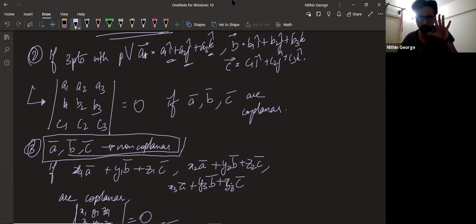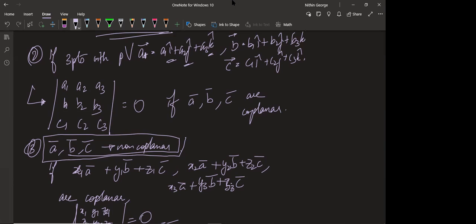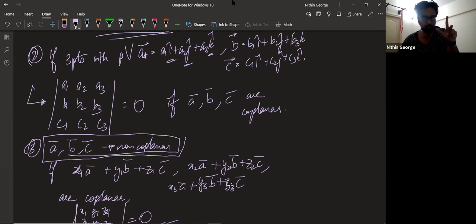That much was clear to you? Now using any three non-coplanar vectors, like for example, i cap, j cap, k cap, you can find any point in 3D space.